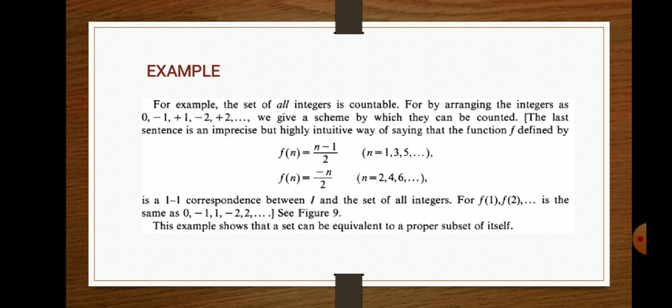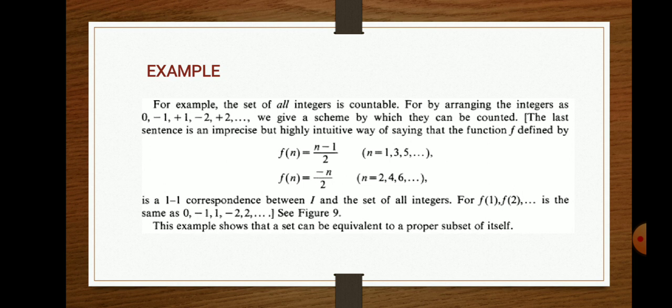Now the odd numbers from I can be mapped to (n minus 1) by 2. That means the odd numbers from the positive integers are mapped to the positive integers in the set of all integers, and the even numbers in the set of all positive integers are mapped into the negative numbers in the set of all integers.